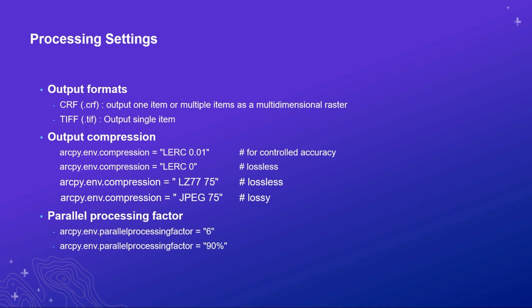You might want to set the compression method to reduce the size of the output. LERC is a compression developed by Esri, which is a very efficient compression algorithm. You can actually control the accuracy while you compress the data.